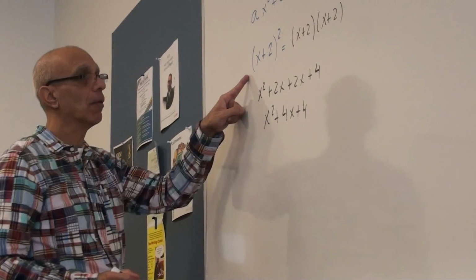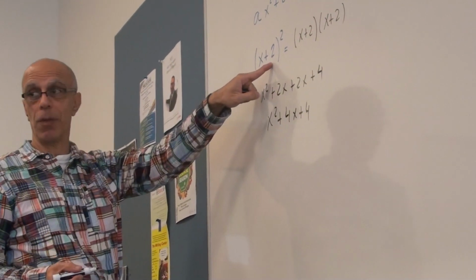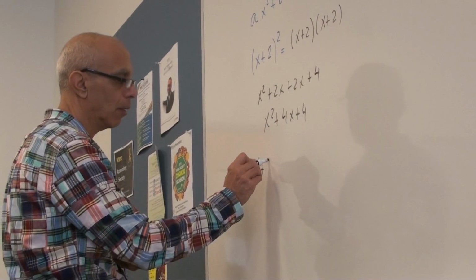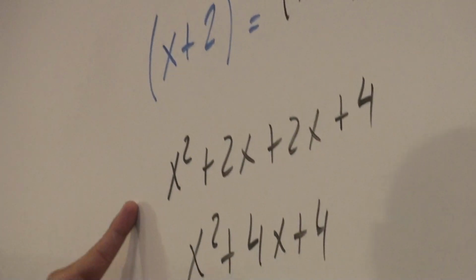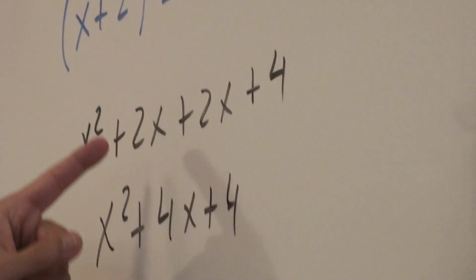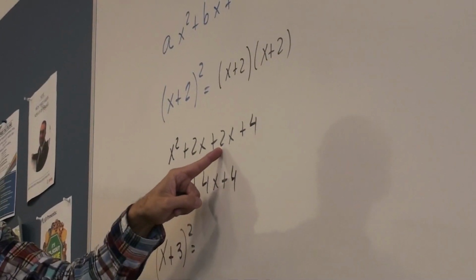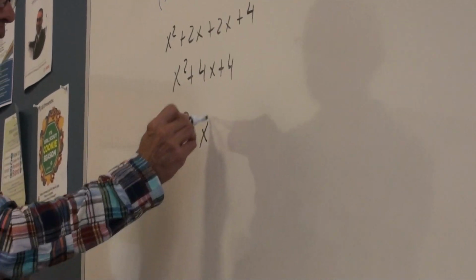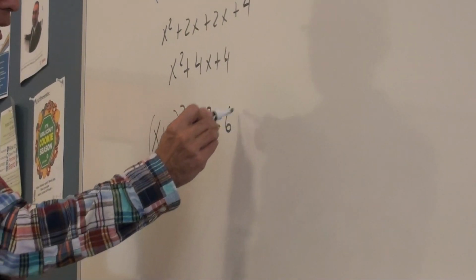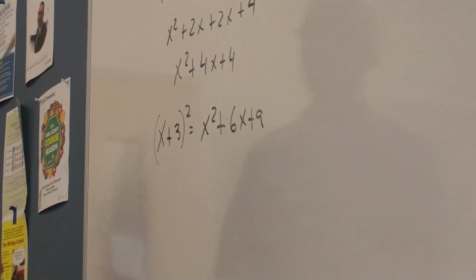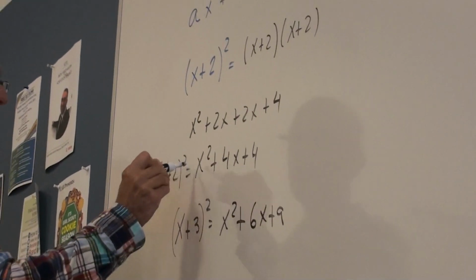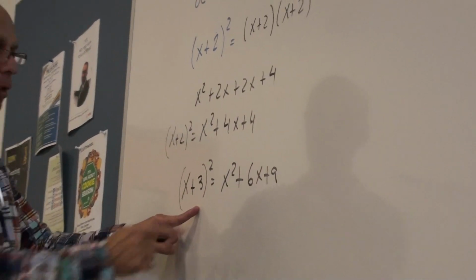Okay? Now, if instead of 2 we have 3, what's going to happen? Well, we're going to have (x + 3) squared. What is it going to be? Again, we do the same thing: 3 plus 3, and then 3 times 3 is 9. So we're going to have x squared plus 6x plus 9. So you see, this is what we have for (x + 2) squared, and this is for (x + 3).